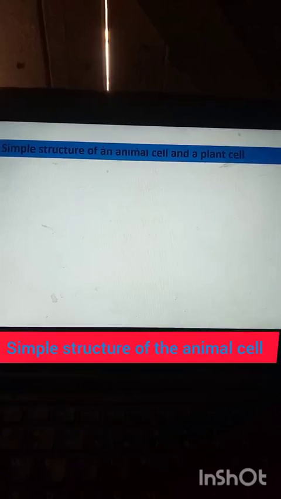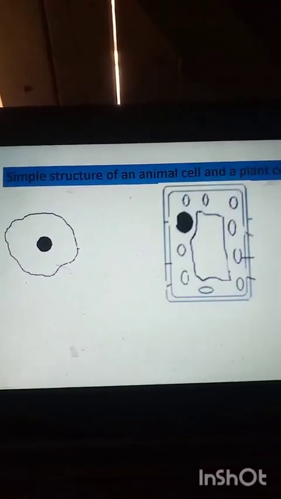Okay, so let us look at a simple structure of an animal cell and a plant cell. We've got this cell here and this cell here.